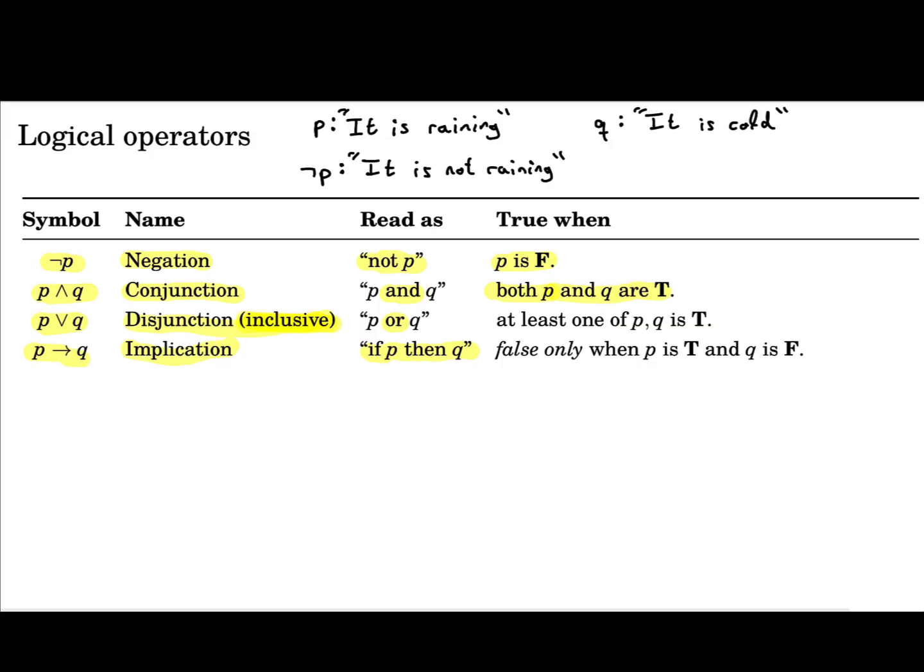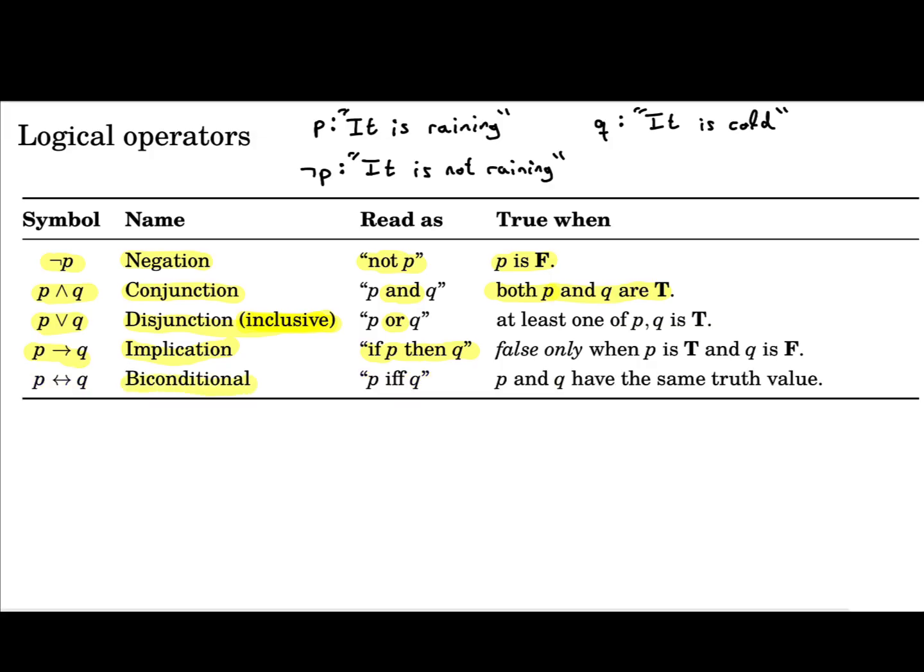Okay, let's look at the biconditional, which we say P if and only if Q. That's what the two F's there denote.